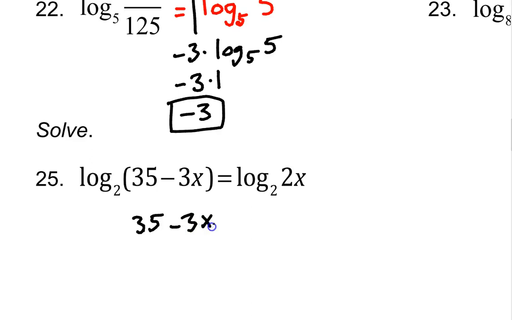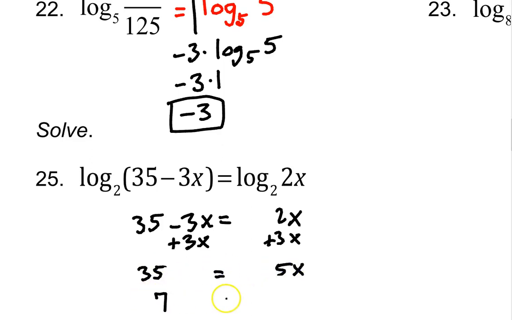So think of number 10 and number 25 as being the same type of problem. Whether it's an exponent or a logarithm on the same side or on different sides, we can just cancel them out, so to speak, and then solve whatever's left over. So we'll have 35 is 5 times what? And then you'll get an answer of 7.